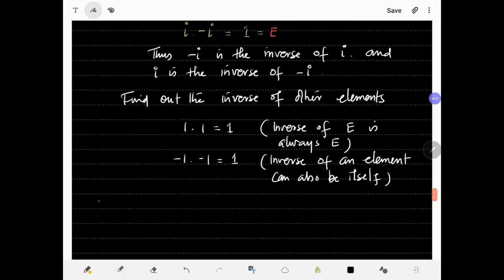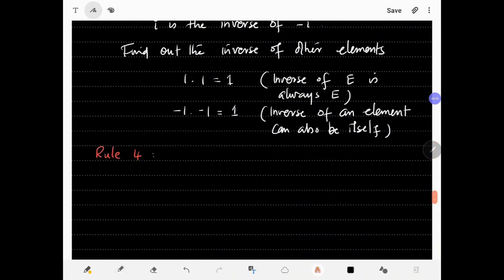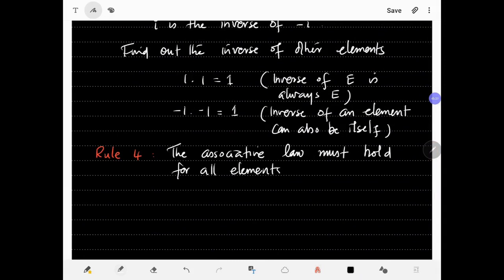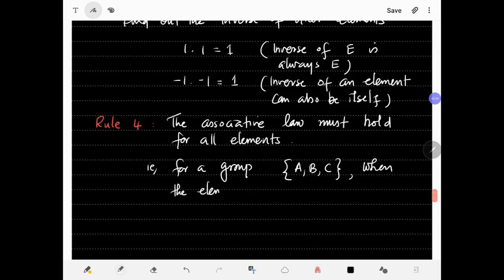Now let's come to rule 4. This rule essentially says the associative law must hold for all elements. Say for example, if I have 3 elements in the group A, B, C, when the elements in this group are combined, this associativity rule essentially says the following equation must hold.